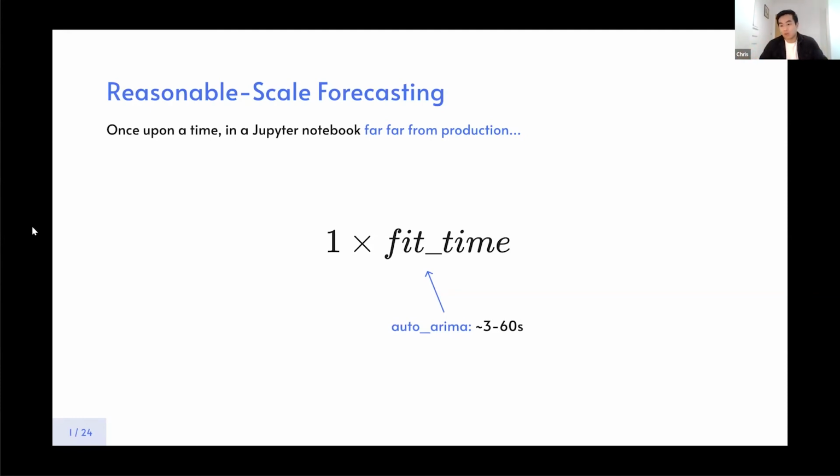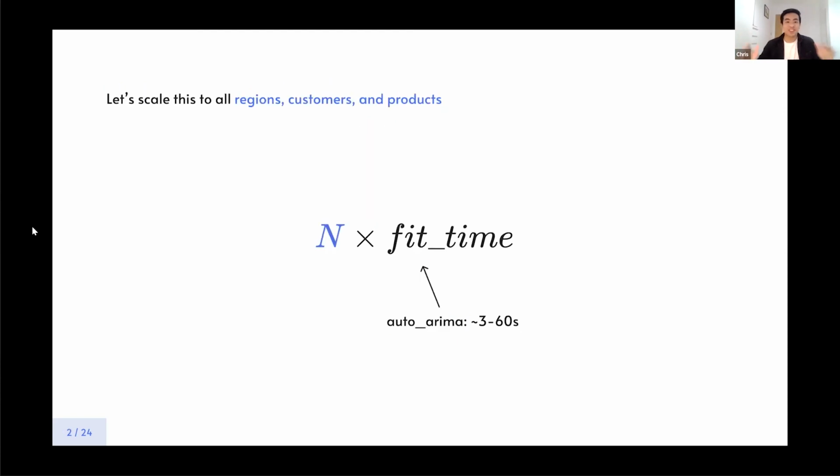So the manager comes in and tells you, hey, I need a forecast. Can you forecast our sales for the next 2 quarters? Great, you pop up your Jupyter notebook, you get your auto ARIMA, you fit it on your time series, and boom, you get your result. Your manager says, that's fantastic, this line is a good fit.